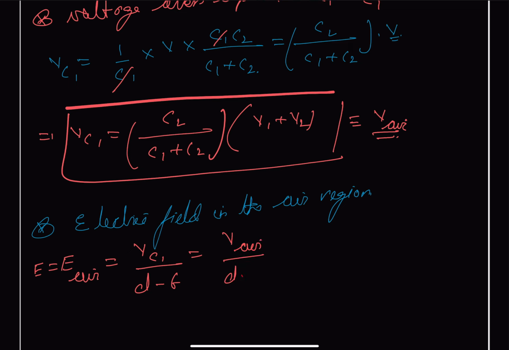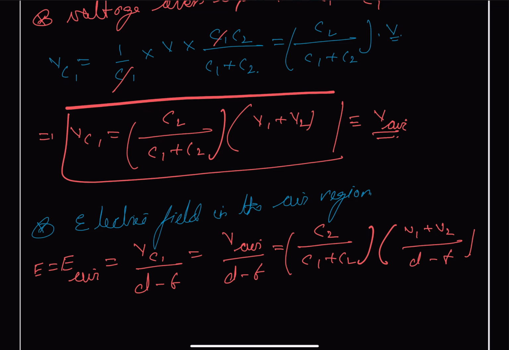V of air we just found out is C2 upon C1 plus C2, and this comes as V1 plus V2 divided by d minus t.